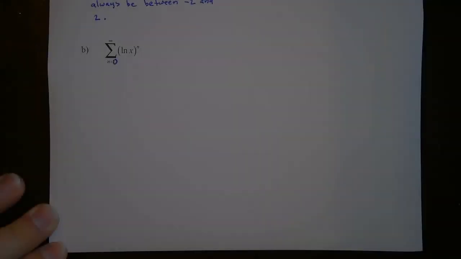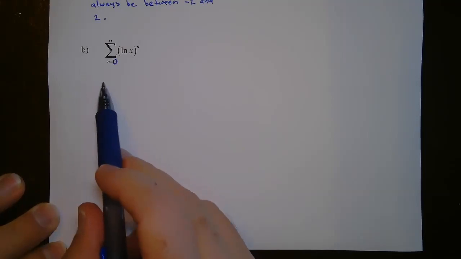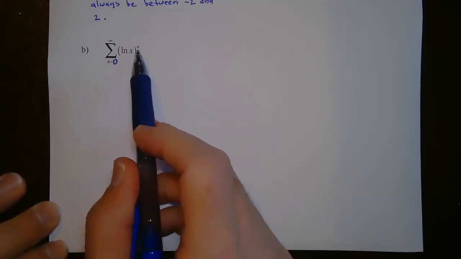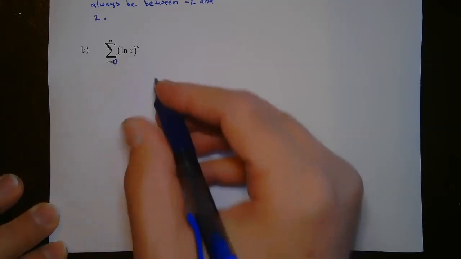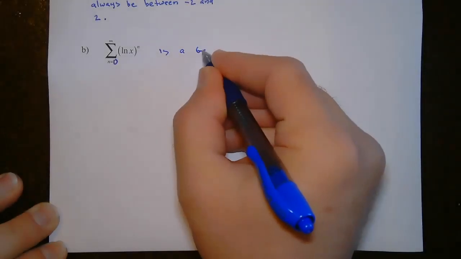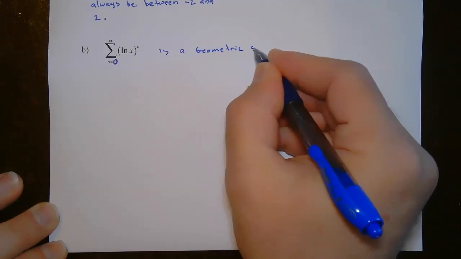For example 1, part B, here's our series, n equals 0 to infinity, natural log of x to the n. This is also a geometric series, and you would need to say this for the AP exam.